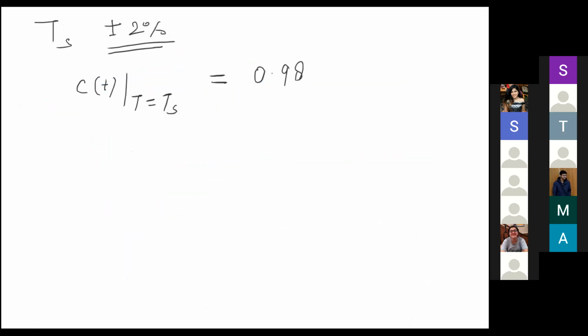So C(t) at t equal to Ts is nothing but 1 minus e to the power minus zeta omega n Ts, and that oscillatory term we are going to remove.